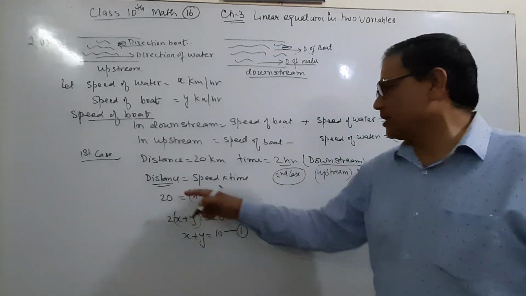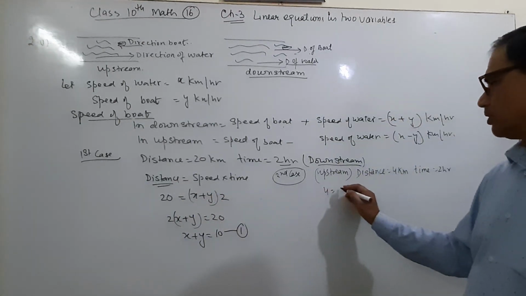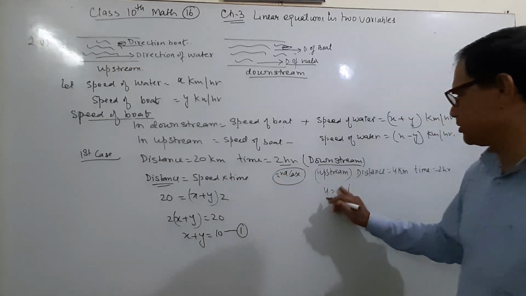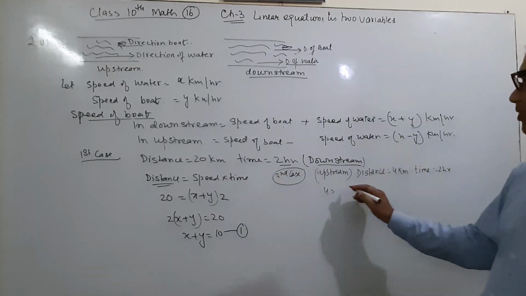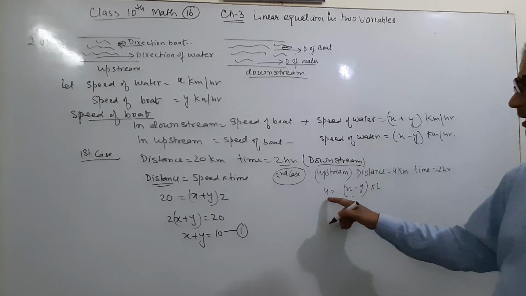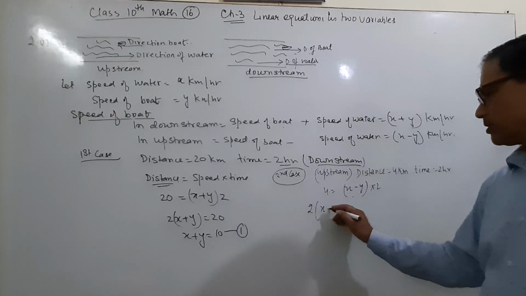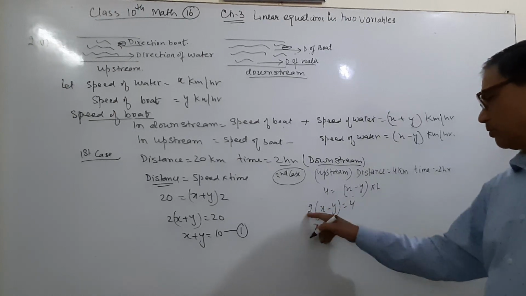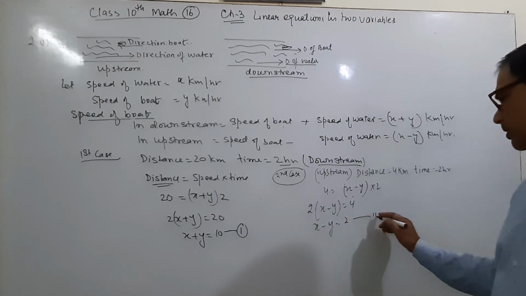Here distance is 4, speed is x minus y, and time is 2. So 2(x minus y) is equal to 4, and x minus y is equal to 4 divided by 2, that is 2. This is equation number second.